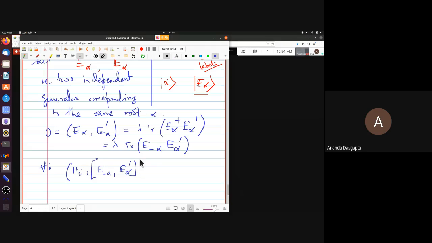It's commutated. Remember, this is an element of the Lie algebra. This is also an element of the Lie algebra, and the inner product that we are talking about is basically trace E minus alpha.